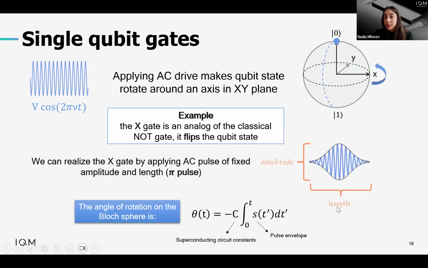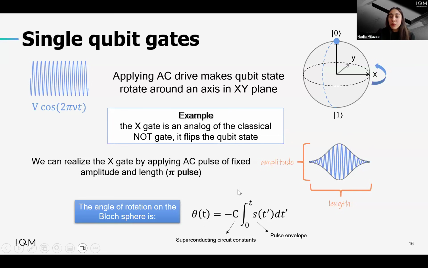So t here is the length of the pulse that I was talking about, so the time we make the pulse interact with the qubit, and s of t prime here is the envelope of the pulse. So we can actually give a form to the pulse that we want to apply. This envelope describes the waveform of this drive pulse.